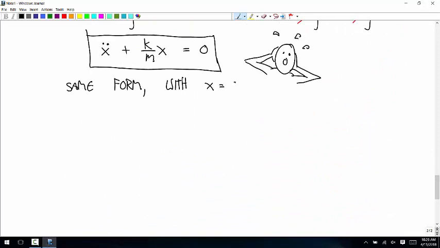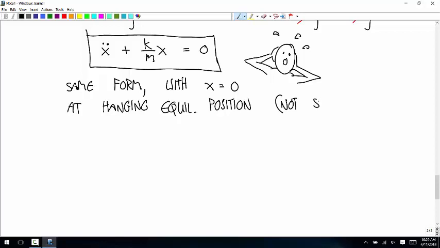So x equals 0 at the hanging equilibrium position, not at the spring's resting length. So the oscillations are going to happen around that equilibrium position, not around the resting length of the spring.